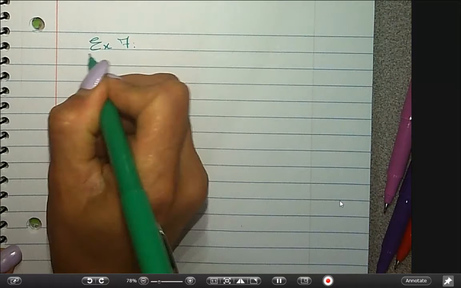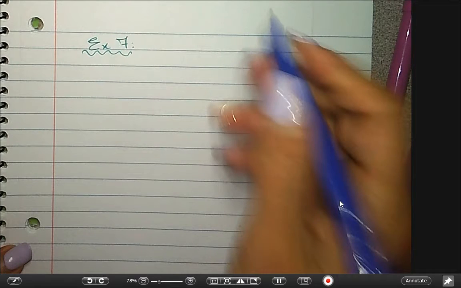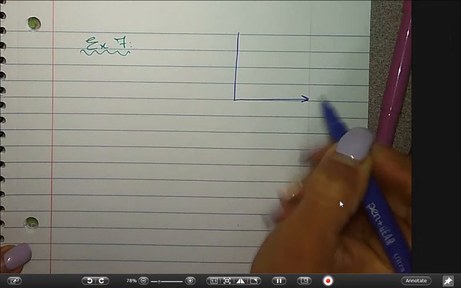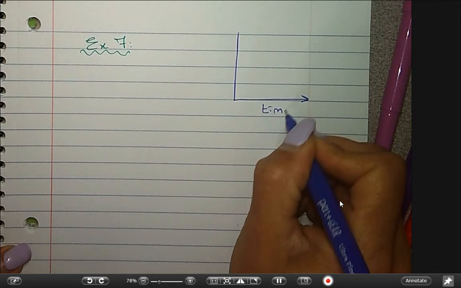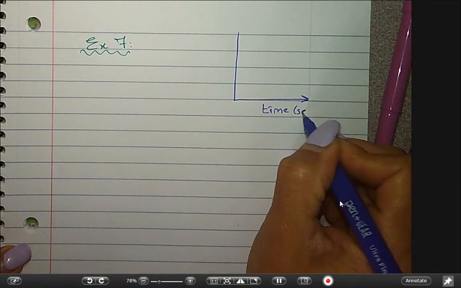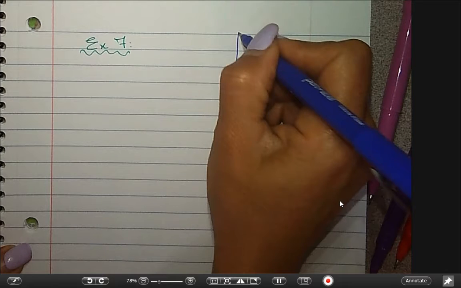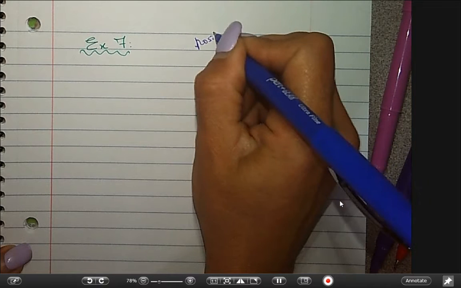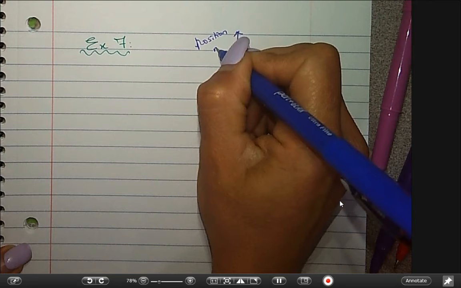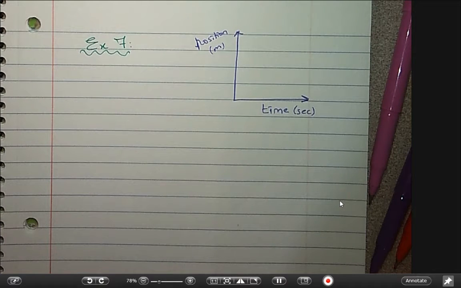So let's do example 7. You have time in seconds, and you have position in meters.